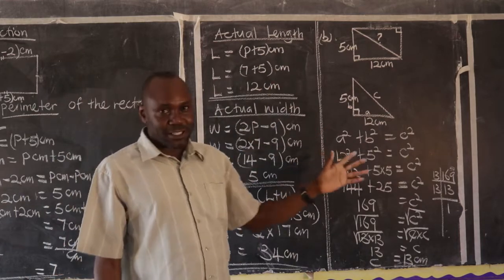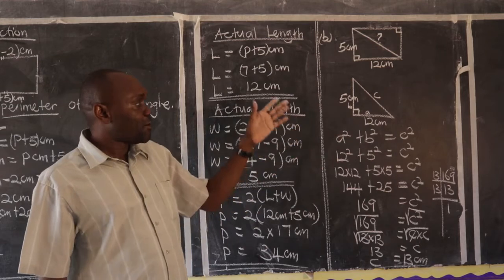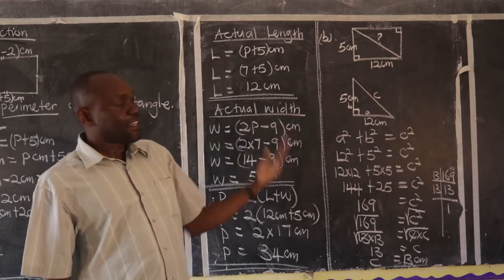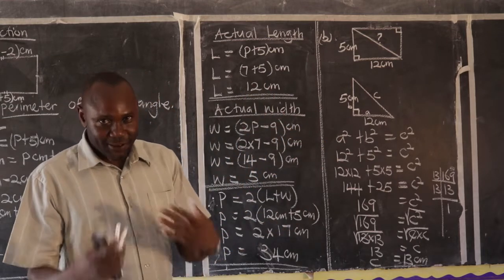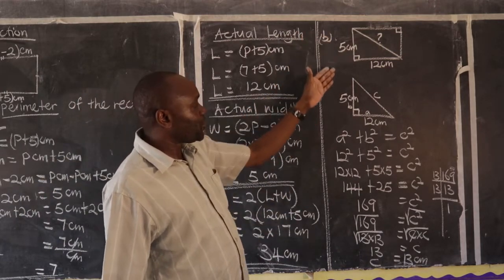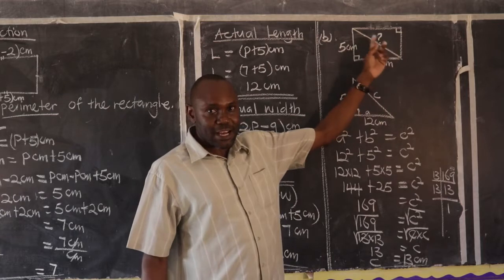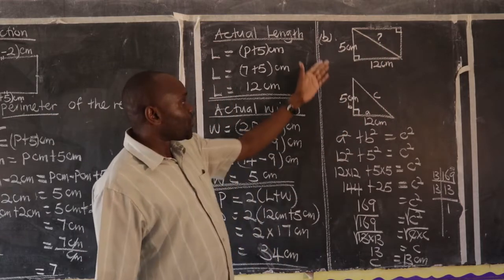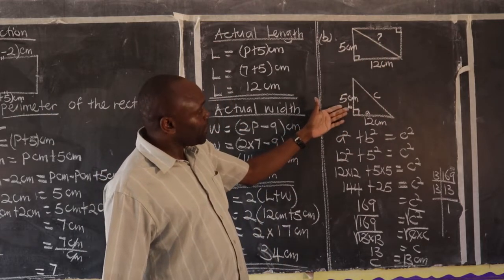That man is called Pythagoras. He brought his theory, and they named it Pythagoras theorem. So that's what we are going to use to help us find the length of the diagonal.